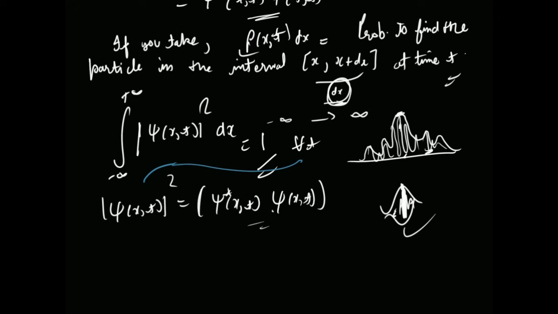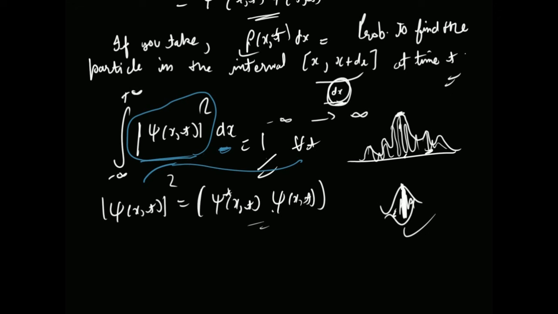As dx has the units of length, and the product of dx and the modulus squared of psi(x,t) is equal to 1, this implies that this quantity should have the units of 1 by length.